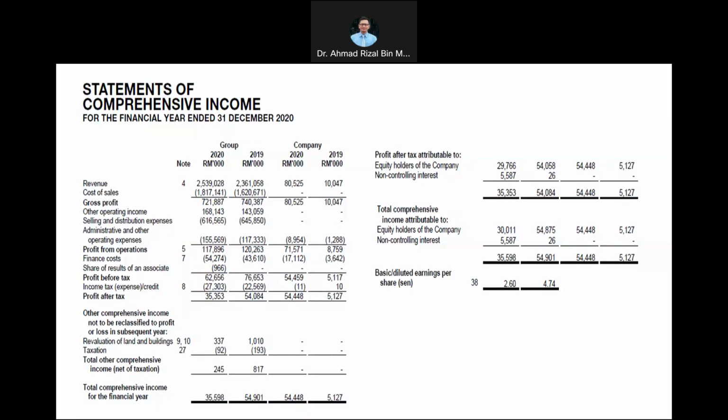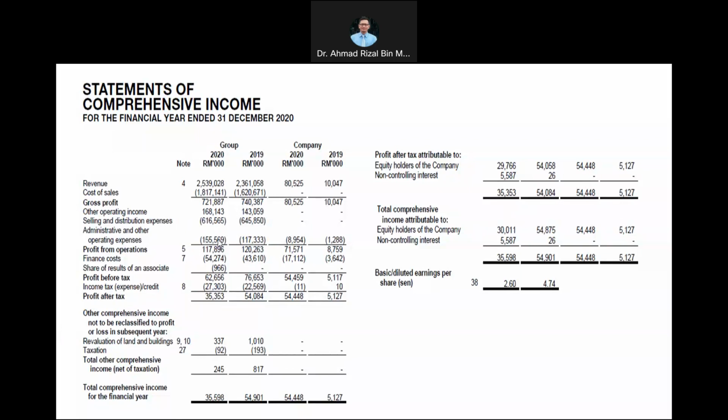Okay, for certain businesses like say retailing, sometimes it's less than 20. Sometimes it's around 12 to 15 or even less, depending on the type of business. Okay, so after that only come the other expenses. Okay, so the bulk of expenses are selling and distribution expenses, as well as the administrative.